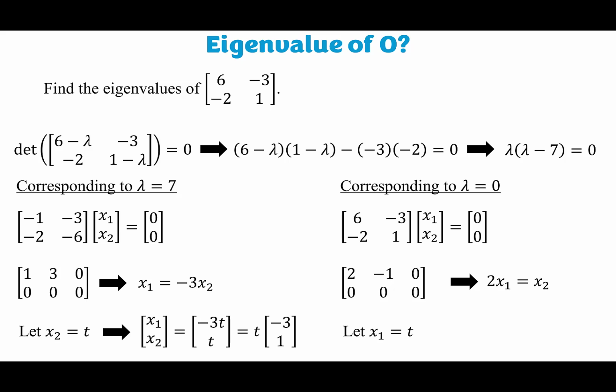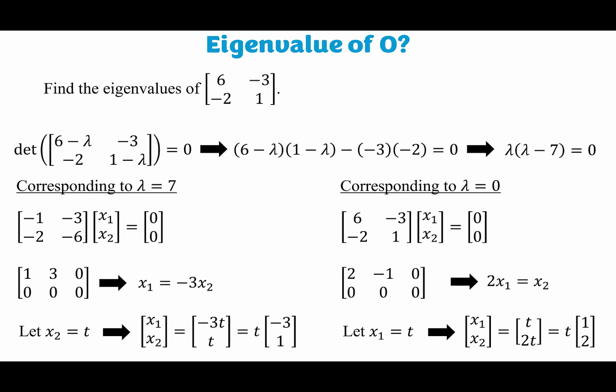And this time I'll let x1 be t so that we can write our solution for (x1, x2) as (t, 2t). And you can scale out that t to get the vector (1, 2). So any scalar multiple of the vector (1, 2) is an eigenvector.